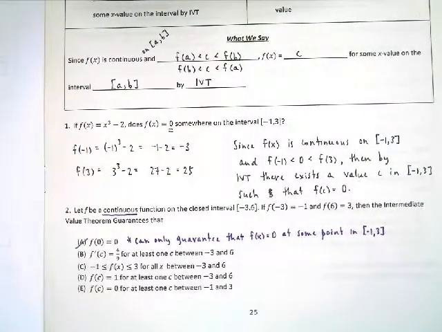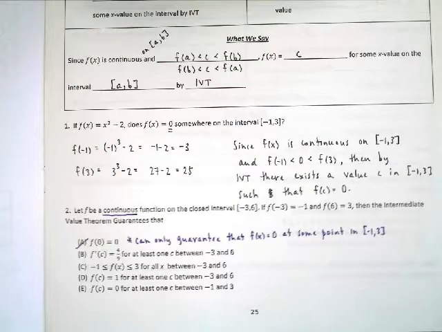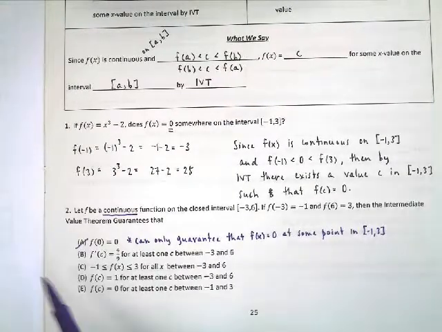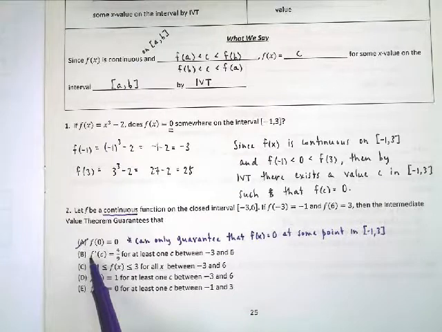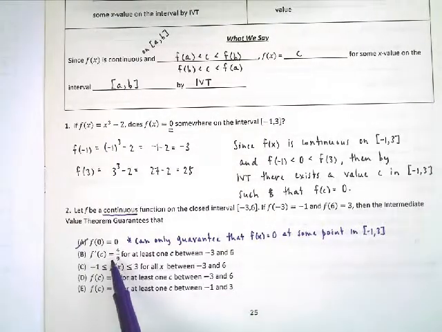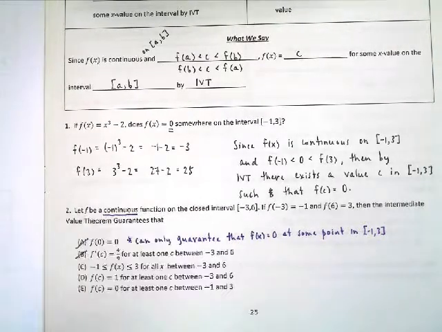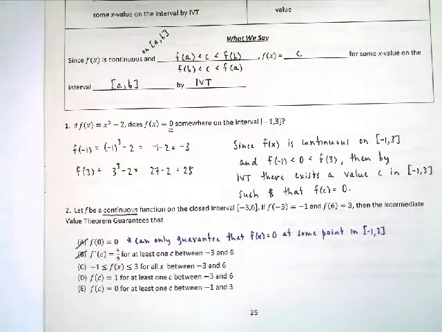I can't guarantee that it happens at 0, so we're going to cross that one out. Now, part B says that f prime of c equals 4/9. So when I see the derivative, I know this is talking about slope. But we know IVT only guarantees a function value, not a slope. So that option's going to be out as well.